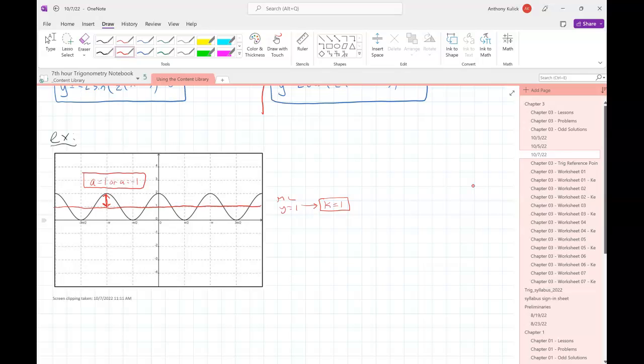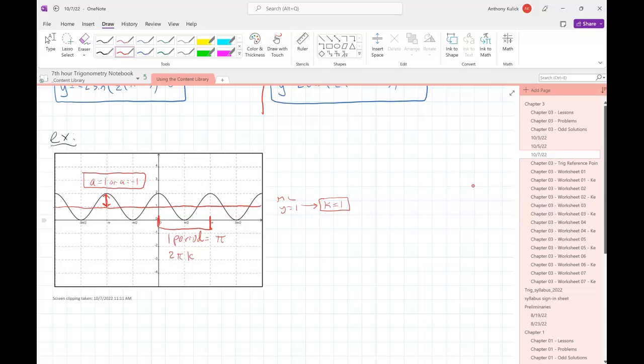Sometimes if you're looking at midline point to midline point, it's hard to tell. So maybe I'll go from this maximum over to this maximum. That's one period. How long is that if we started at 0 and we ended at pi? Pi. 1 pi. Everybody's okay with that?